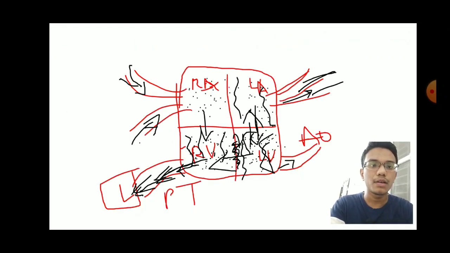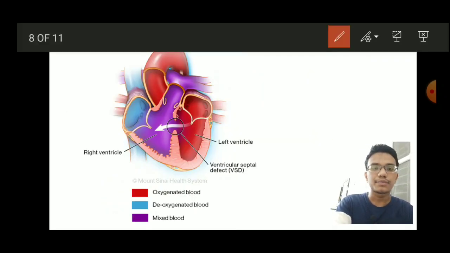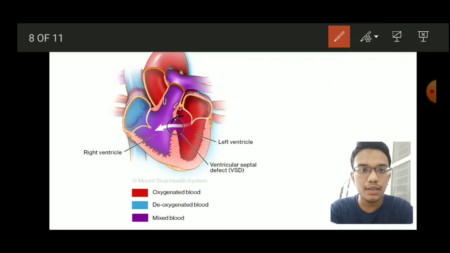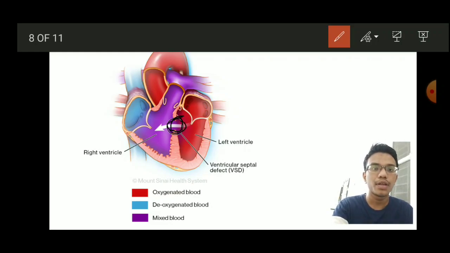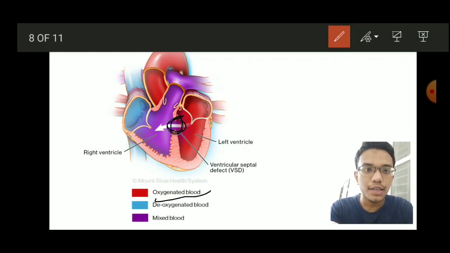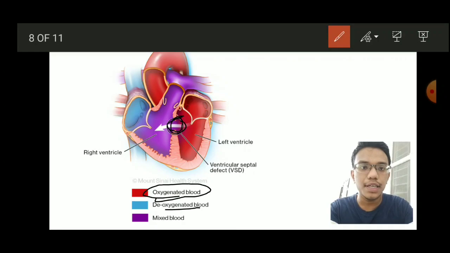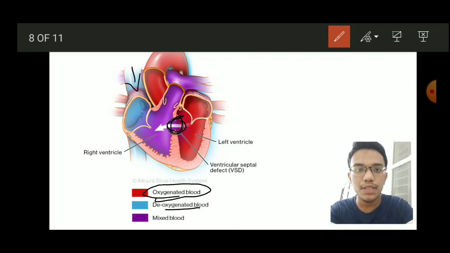Now you can see here, I have taken it from Google actually. Here there is a septal defect, you can visualize it. Let me select a black ink. So this is the defect here, you can see I am encircling it. The red color is the oxygenated blood, right? So in the left ventricle you have the oxygenated blood, and the deoxygenated blood is coming from the SVC and the IVC that enters the right atrium.